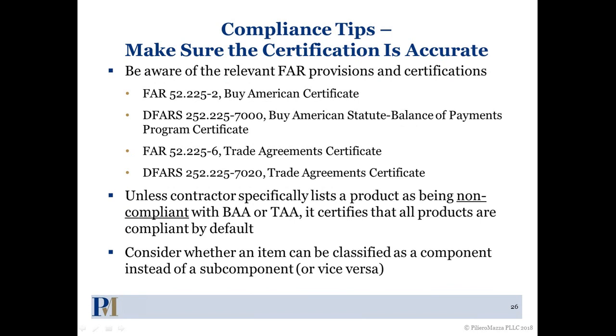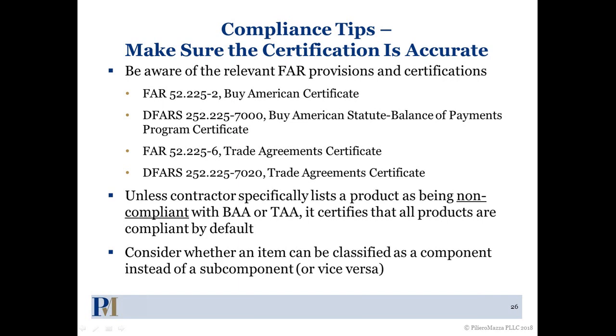Okay, next we've got making sure that your certification is accurate. So be aware, again, of the relevant FAR provisions and certifications. The key here is to understand that unless you specifically list the products that are non-compliant with BAA or TAA, you're certifying that the products are compliant by default.